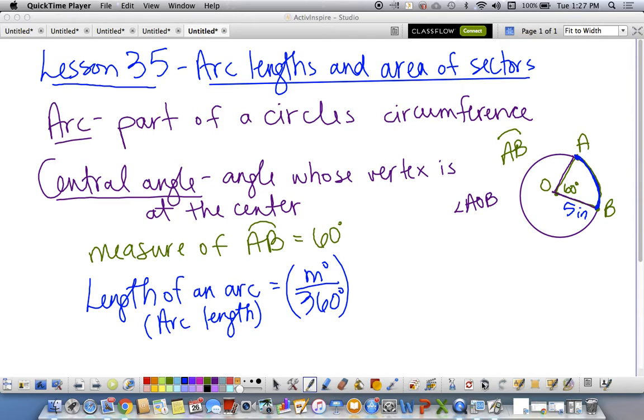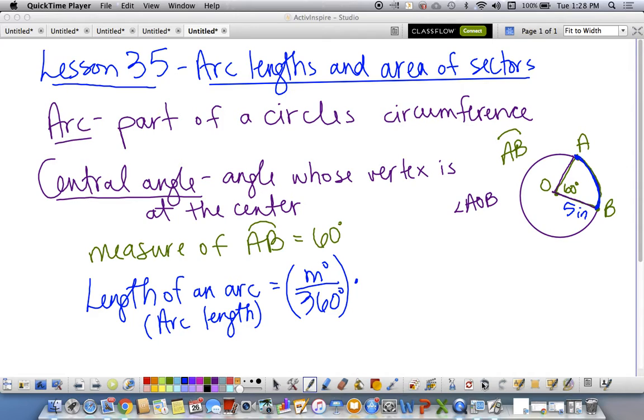What does "of" mean in math? Multiply. Multiply times of. What's the circumference of this circle? What is circumference, not of this circle necessarily yet? 2 times pi times the radius.